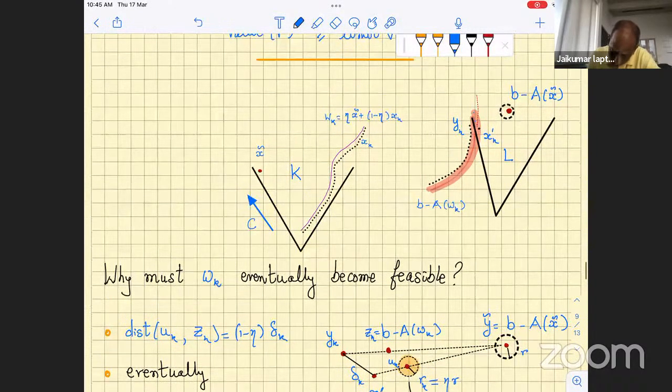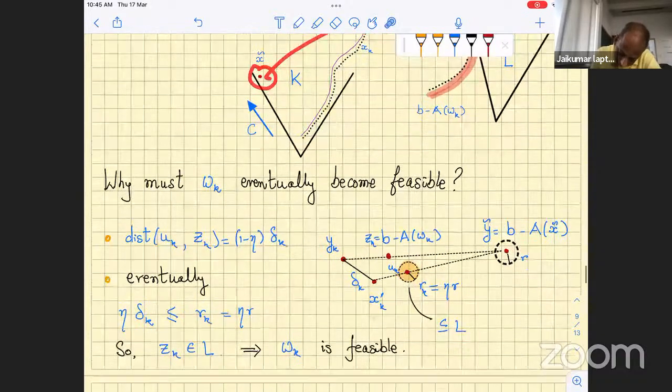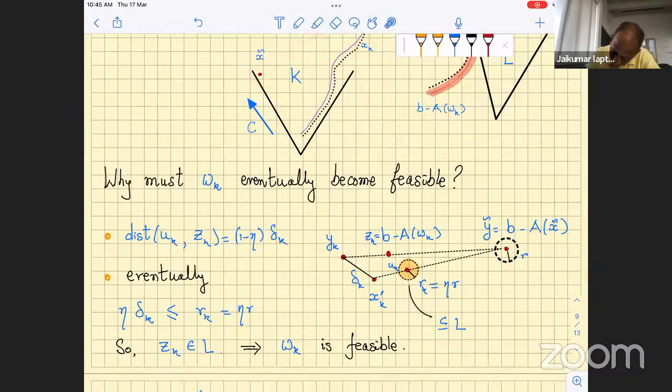Y tilde was the image of this point. It used to go there, and you take the average in the same proportion, eta for this guy and 1 minus eta for this. So this point tends to be closer to this point than this point. Okay. But just for me, do the same average for the tracking point.